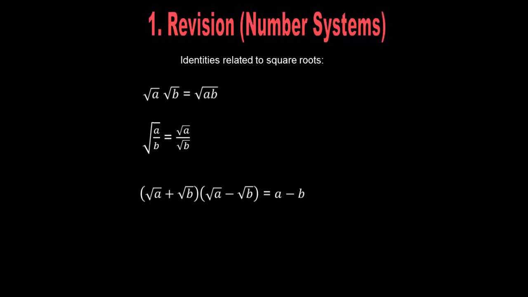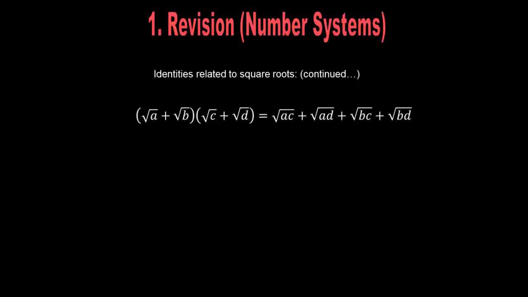For the square roots, the formula is square root of a plus square root of b into square root of a minus square root of b is equal to a minus b. A plus square root of b into a minus square root of b is equal to a square minus b. The same formula, that is a plus b into a minus b is equal to a square minus b square.